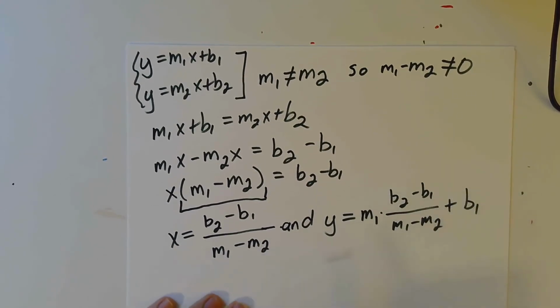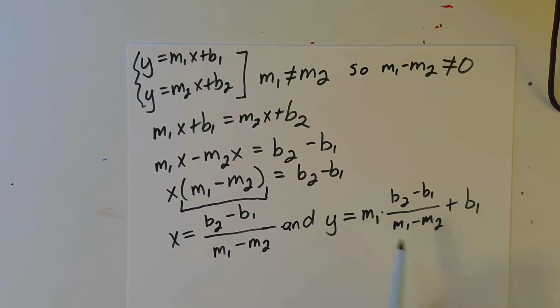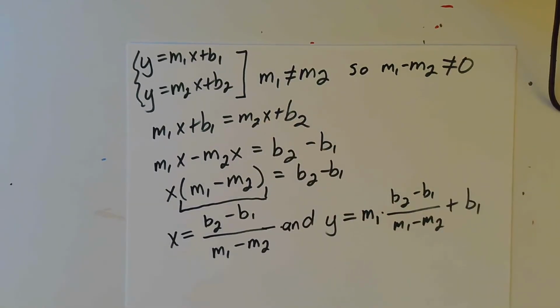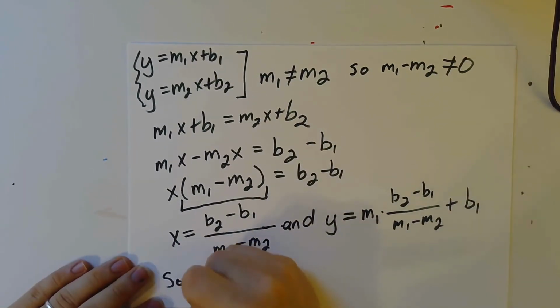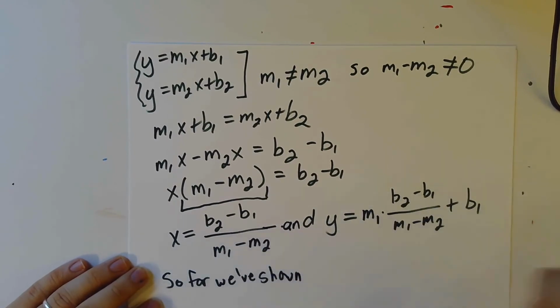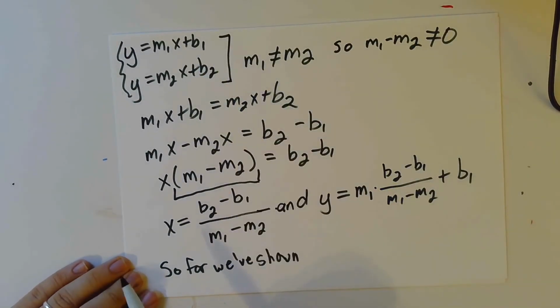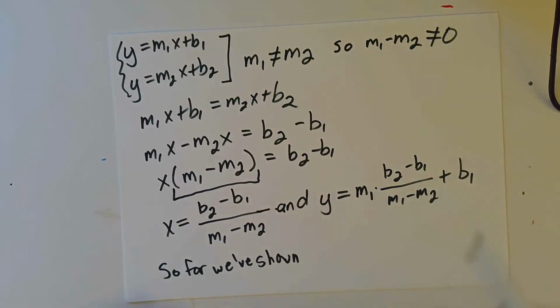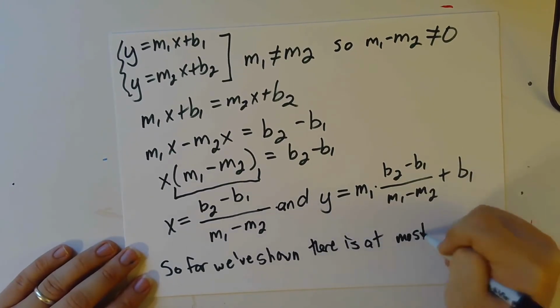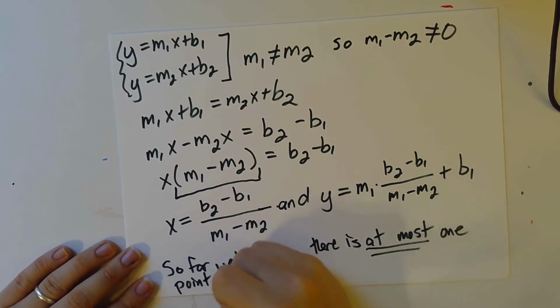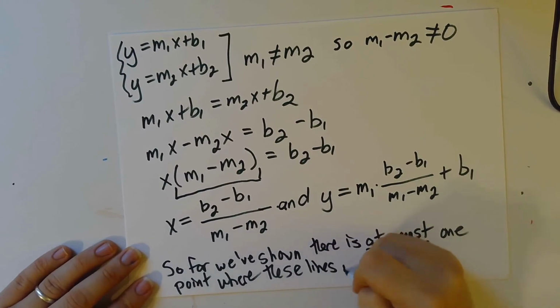And this is, we've shown, the only point that might be on the intersection between these two lines. So what we've shown so far is that there is at most one point x comma y where these two lines intersect.